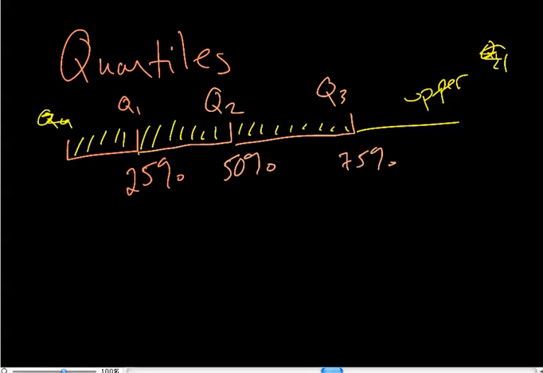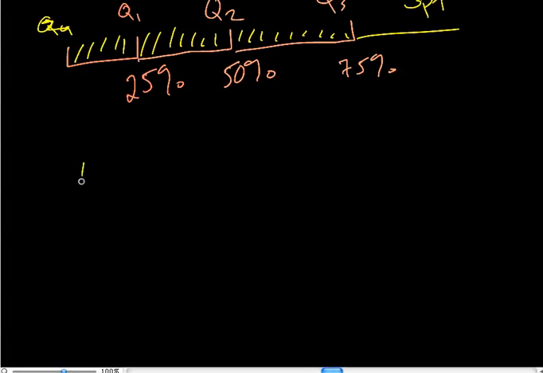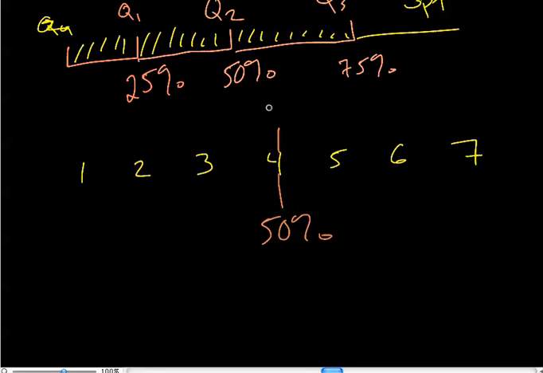Okay, so if I had a set of elements like 1, 2, 3, 4, 5, 6, and 7, we'll say. So the median is the second quartile. It's right here. You count 3 elements on this side, 3 elements on this side. That's the 50th percentile. That's actually Q2, right?